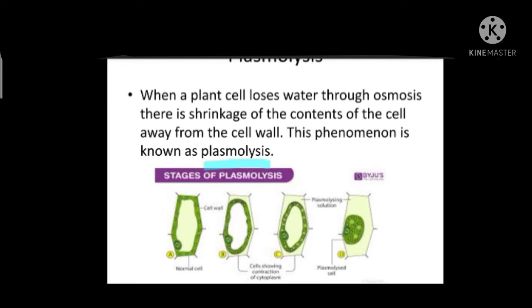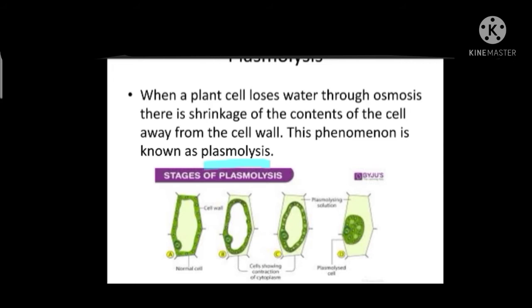Earlier we have seen that when a plant cell is kept in hypotonic solution, it will absorb water. That is, water enters into the cell and the cell will swell, isn't it? On the other hand, when we keep a plant cell in hypertonic solution, the water will be lost from the cell. The water will be moving from the cell to the solution.